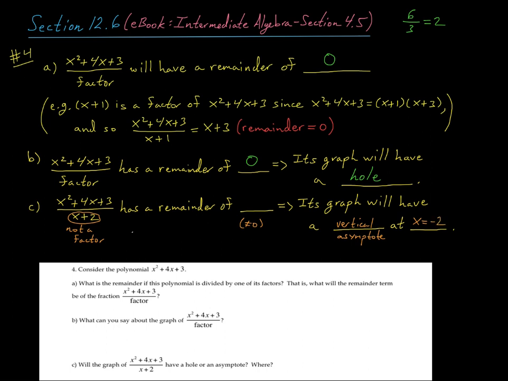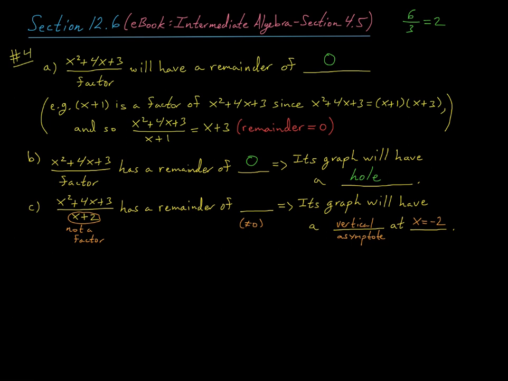Okay. Now if I actually wanted to know what that remainder was, then I could go ahead and do the division. Let's do that real quickly down here. We have x plus 2 dividing into x squared plus 4x plus 3. So x into x squared is x. X times x is x squared, plus x times 2 is 2x. So then we're going to go ahead and subtract.